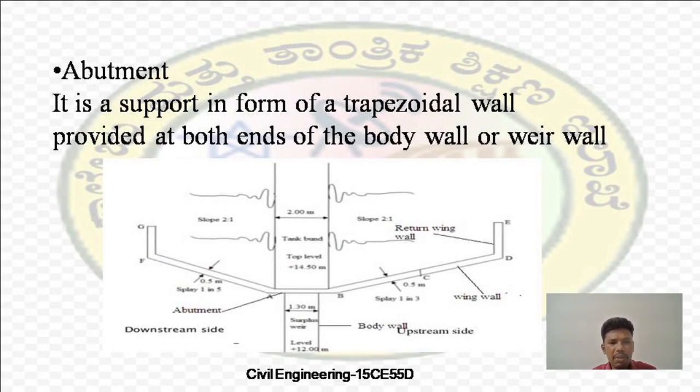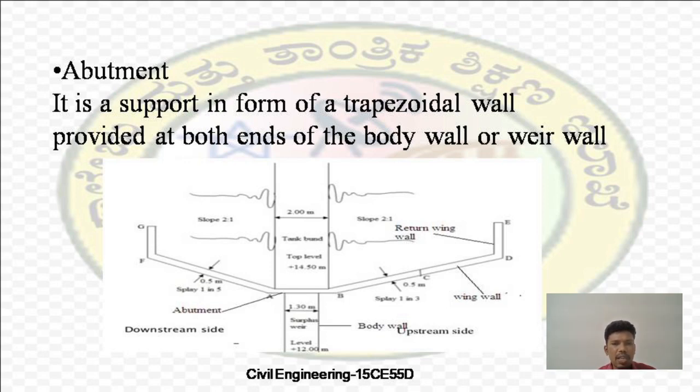Okay, then we have the abutment. In the figure, AB is the abutment. Abutment is an end support given to the body wall or weir wall. Usually the width of the abutment is 50 centimeter, and its length is equal to the top width of the bund. The top width is about 50 centimeter.